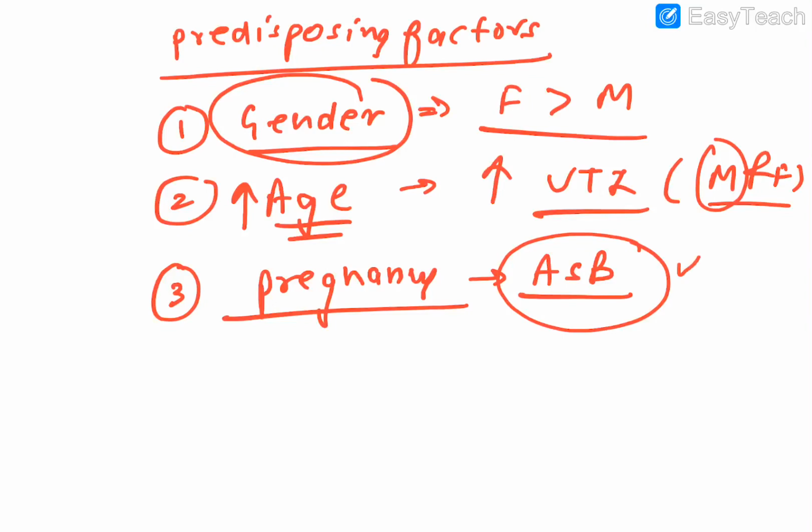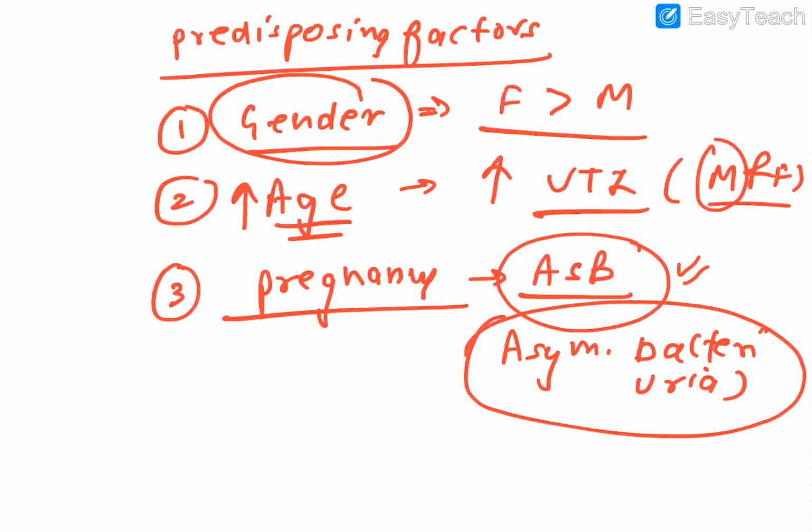So this needs to be corrected, and that's why we say in pregnancy you need to go for urine examination, because even if the lady is not showing symptoms or signs, if she is having asymptomatic bacteriuria, then that is a problem. You need to treat it. Otherwise, there is no need to treat it, but it's a problem in pregnancy. You need to be serious about it in pregnancy.